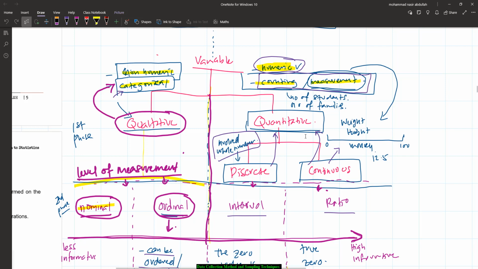And for quantitative variables we already know there are two types, discrete and continuous. We also know there are four levels of measurement under these types of variables.